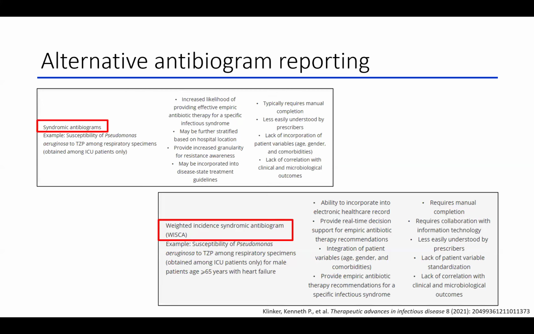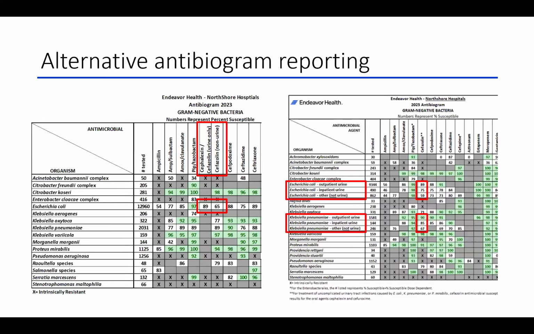I would say the WISCA would require an intense IT presence to pull that data up in a moment's notice. But I think the syndromic antibiograms do have some use.